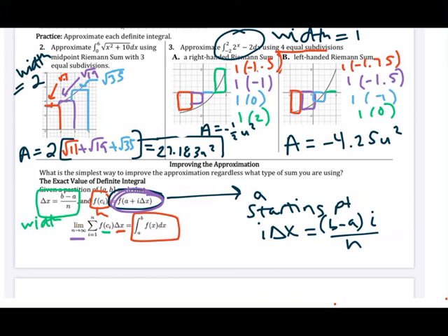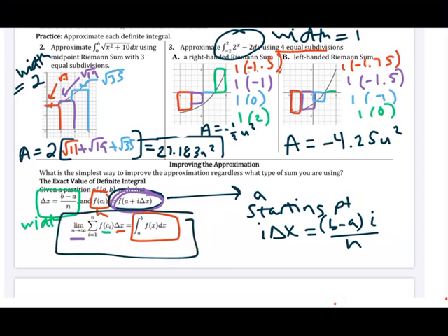That idea leads into the idea of a definite integral, an integral that has an upper and a lower bound that we're going to evaluate it over, which gives us the ability to say, as we make the width of those rectangles smaller and smaller, infinitely smaller, and we look at those sums, what we can do is have an integral that we can evaluate.